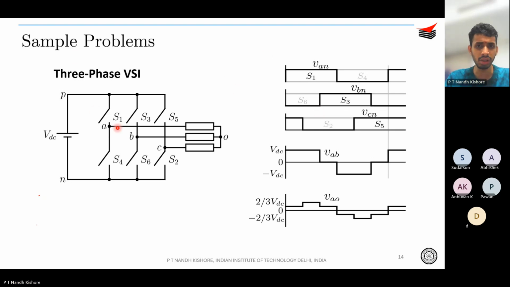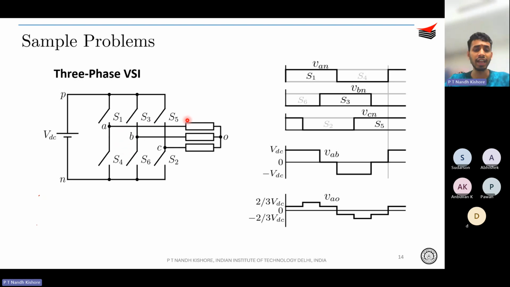Of course, you understand that in a half bridge leg, you cannot turn on devices simultaneously, because if you do that, it's going to be a dead short circuit. So you cannot turn on S1, S4 simultaneously, or S3, S6, or S5, S2 simultaneously. But you can, of course, have an overlap in the top rail switches or the bottom rail switches, and that's what we'll be having.